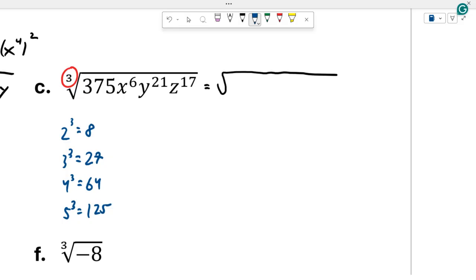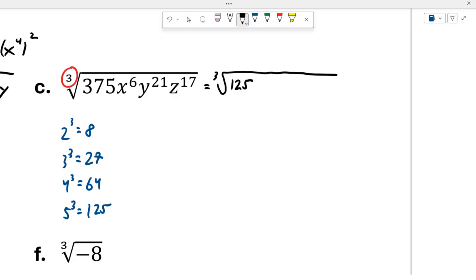You can either write it as 5 cubed or 125. I'm just going to write it as 125. If you write it as 5 cubed, that makes it more obvious, because when we pull that 125 out from underneath the cube root, it's going to become a 5. But I'll just leave it as 125 for now.